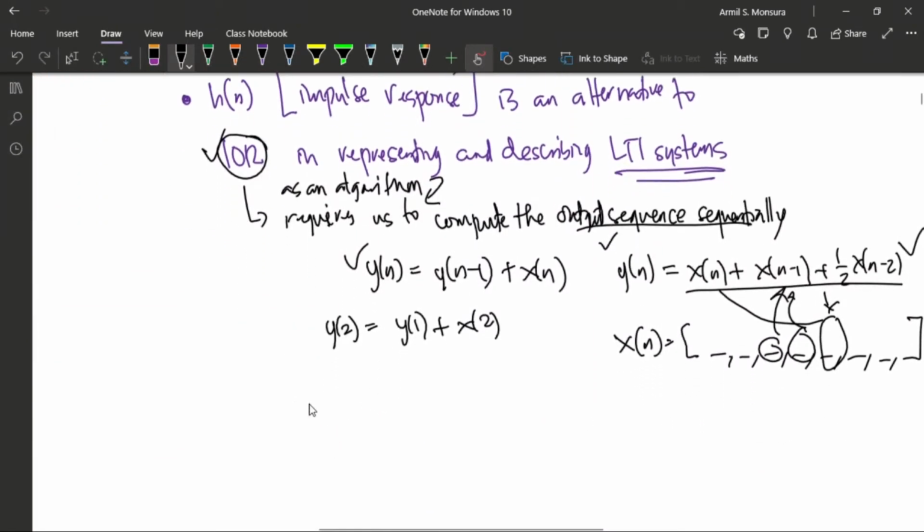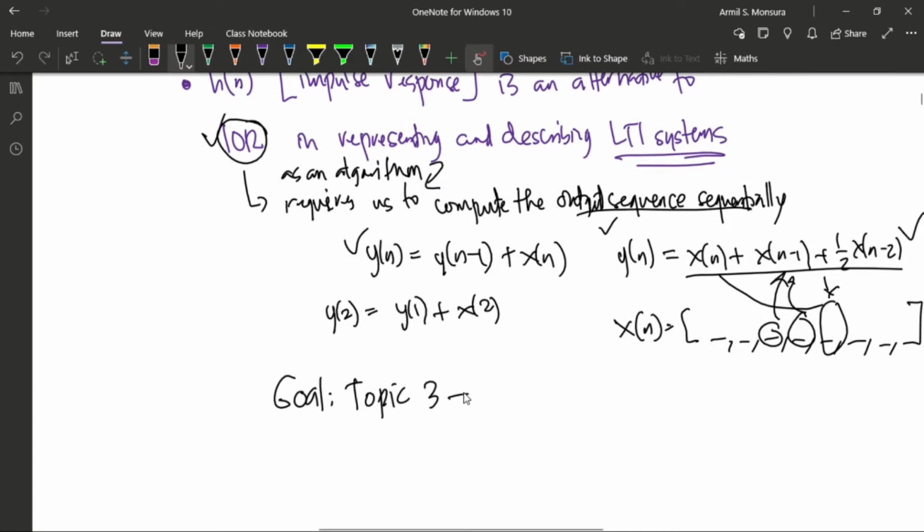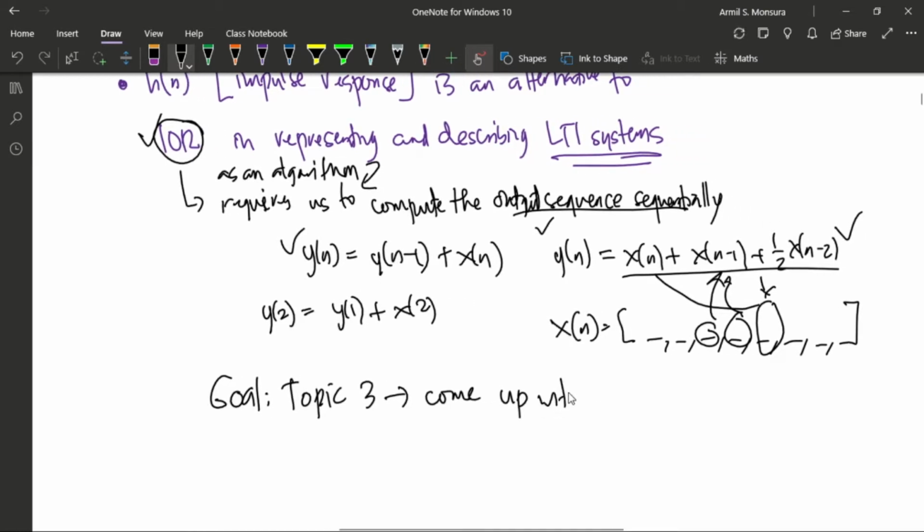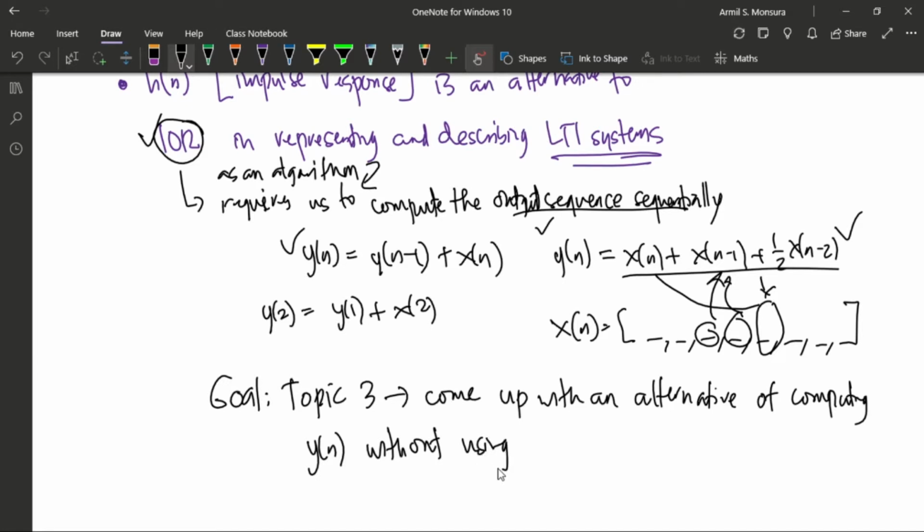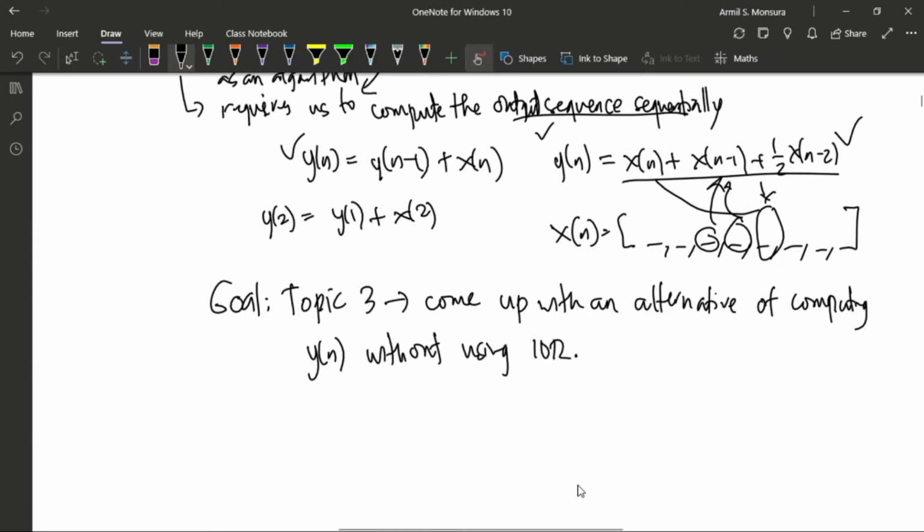Ang goal natin sa topic 3, okay, which I think I have mentioned in a past discussion, is to come up with an alternative of computing the output sequence, okay, y of n, without using the IOR or the input-output relation. So, paano natin gagawin yun?